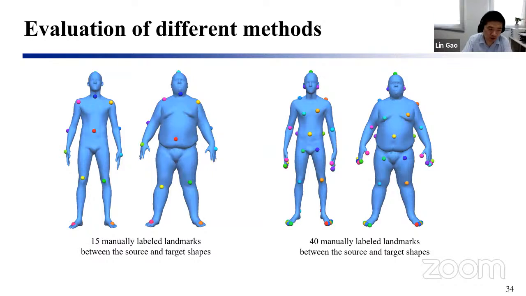The sparse correspondence is 15 manually labeled landmarks between the source shape and the target shape, and the dense one is 40 manually labeled landmarks. So there is much human labor to label these correspondence markers.